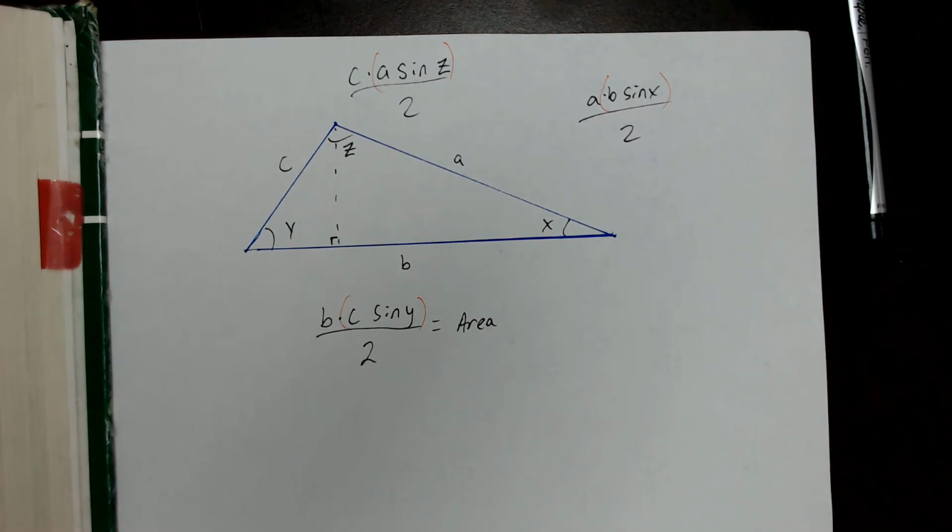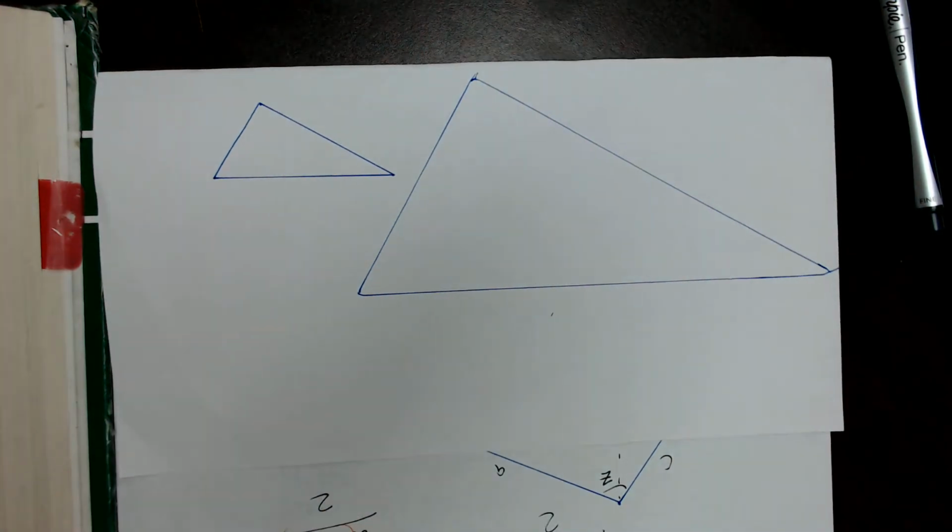So that's that. Last thing we're going to talk about is equal angles imply proportional sides. This is like the concept of a scale factor. Got some similar triangles on the back of this page. All right, so we have two similar triangles here. I believe they're right triangles, but it doesn't really matter.